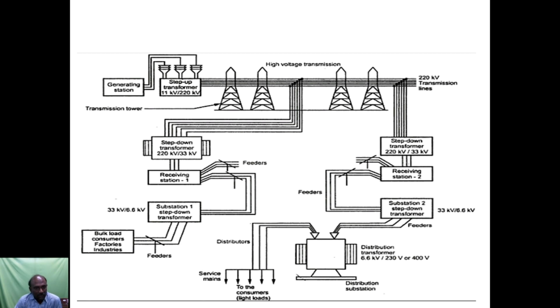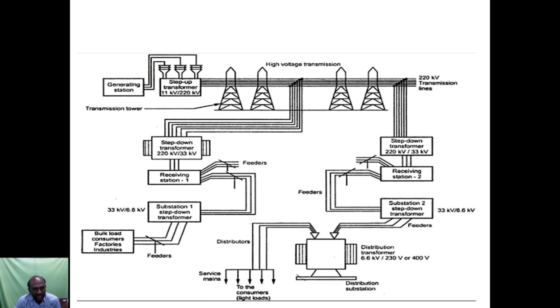We can reduce the amount of current, and also for long distances, increasing the voltages is useful for transmitting the power over very long distances. So using different transformers, step up transformers, we can step up the voltages.